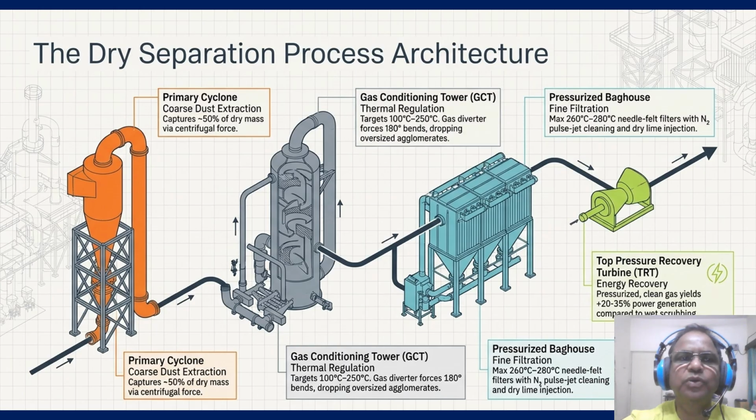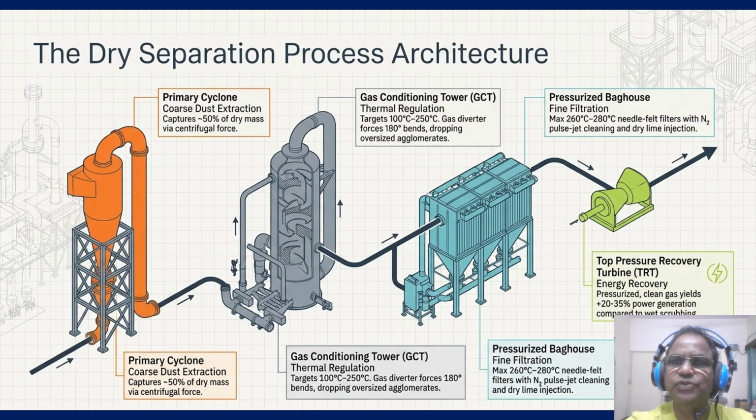So let's follow the orange flow line on this schematic. The raw gas enters the primary cyclone first, where the centrifugal force captures roughly 50% of the dry mass. This is your coarse fraction. The gas then enters the gas conditioning tower, in short GCT, represented by the tall vertical vessel with the internal baffles.